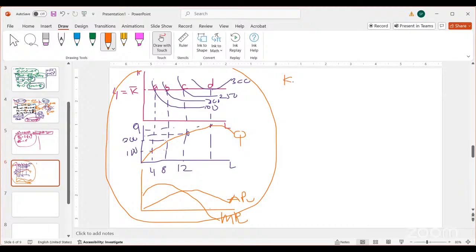Now what I did here is, for the exam, I may give you a short run situation, like a number of capital, let's say 10, and the short run number of labors and output.